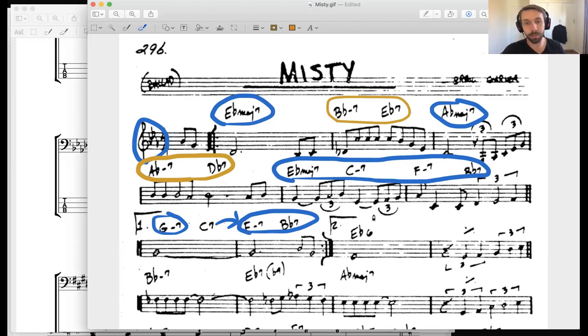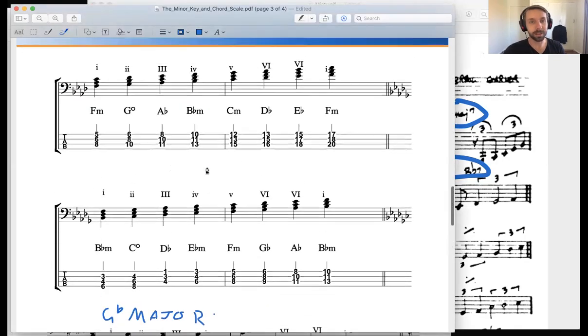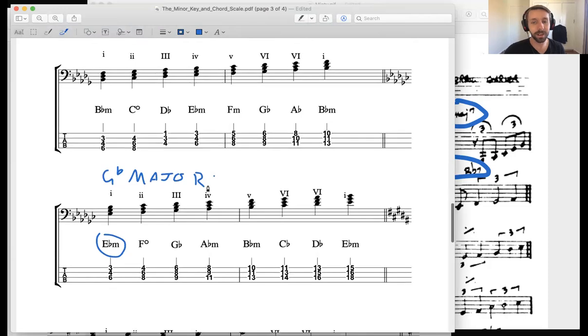But this is what you can do when you get your head around all these different chords and keys and all that kind of stuff. It can be a little bit intimidating, especially if this is stuff that is new to you. The trick makes it sound like it's easy. It's not easy necessarily, but it is.